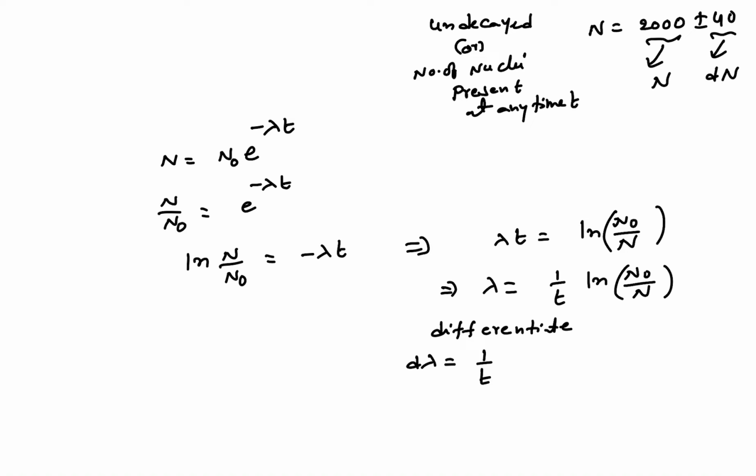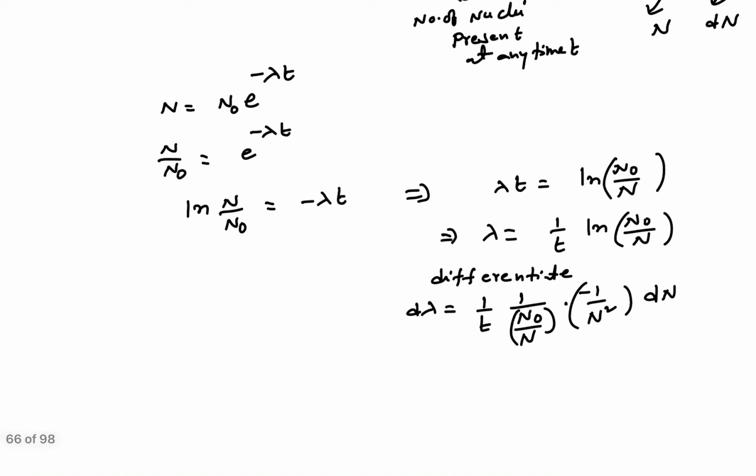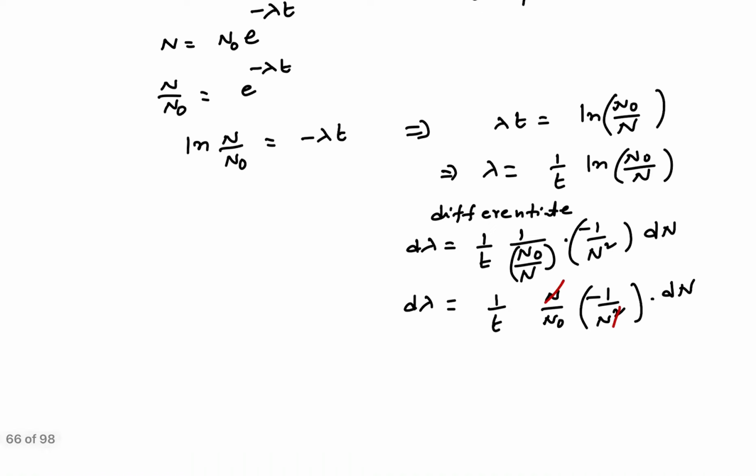Now d lambda is equal to 1 by t, which is constant, and differentiation of log x is 1 by x, so 1 by N naught divided by N. Similarly, N naught by N is there, that's why you write minus 1 by N square into dN. Now d lambda is equal to 1 by t into N divided by N naught into minus 1 by N square; that minus you will not consider while doing the problem.